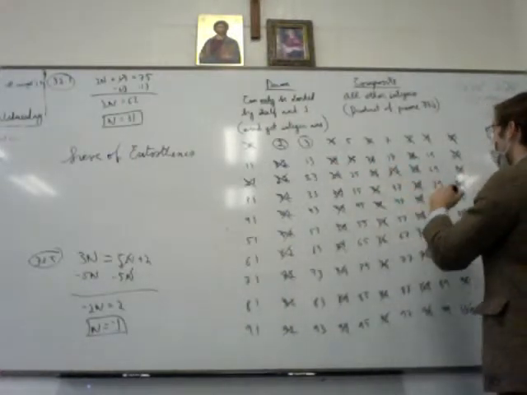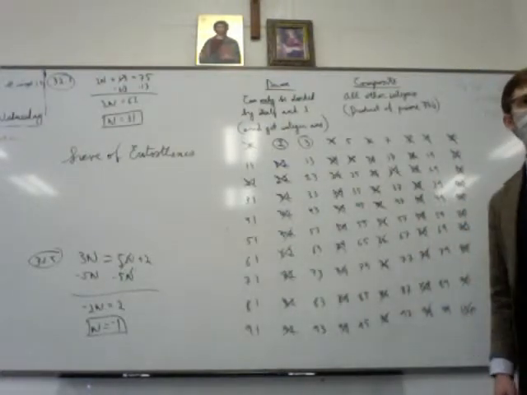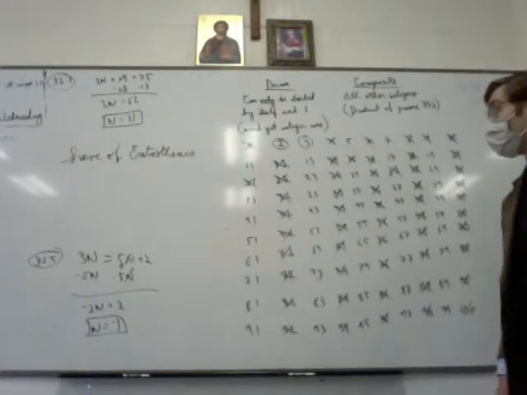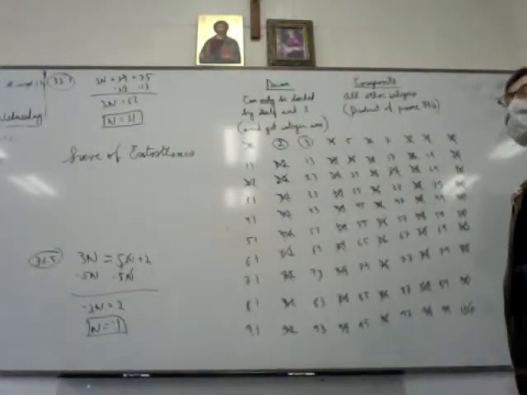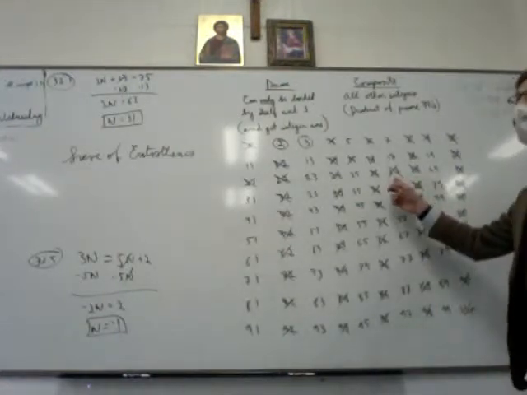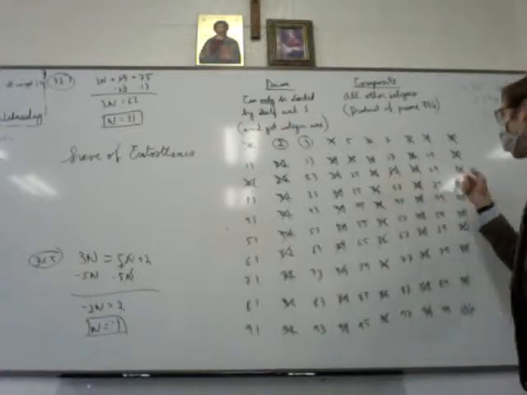We've got a lot of numbers to get through. Go quickly, please. What's the next multiple of 3 after 27? Just keep adding 3. 30.